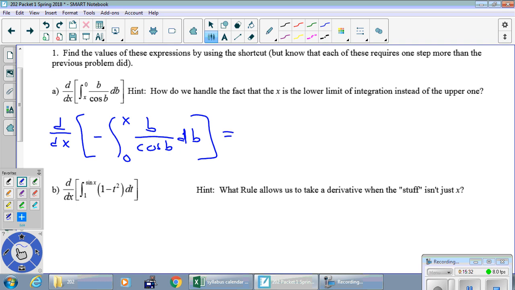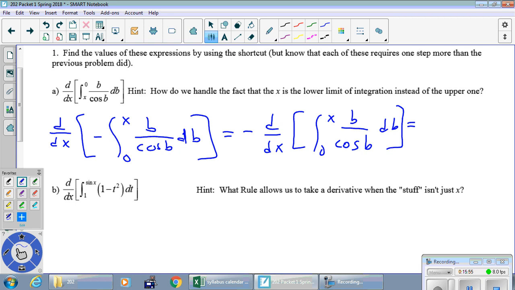And we know that that negative sign right there is a constant multiplier, and it's really a -1 times. And so that -1 can come outside of the derivative. That's a property of derivatives. So I'll pull the negative outside, and I'll copy everything else. And now this looks exactly like the fundamental theorem of calculus does.